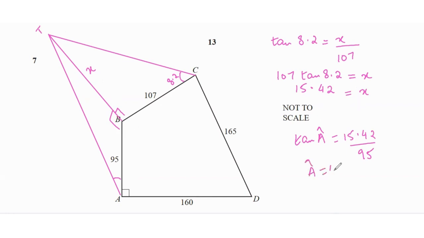So angle A would be tan inverse of 15.42 over 95. That's going to give us 9.2 degrees. That is your angle of elevation of A from the light pole.